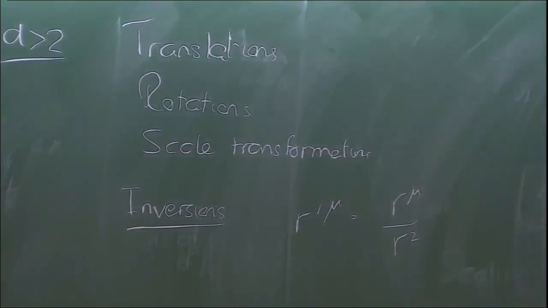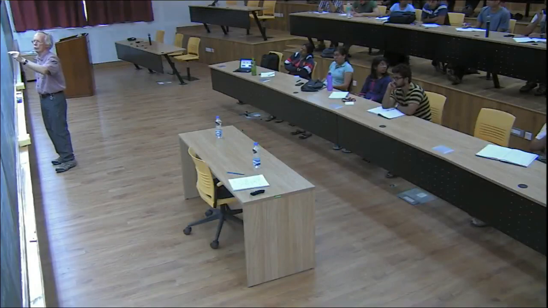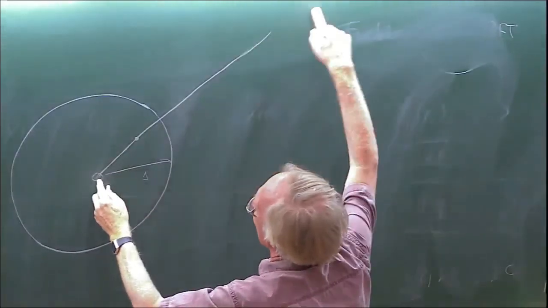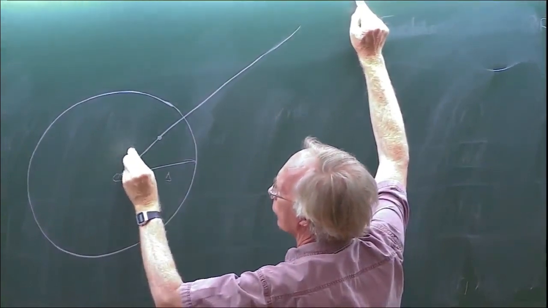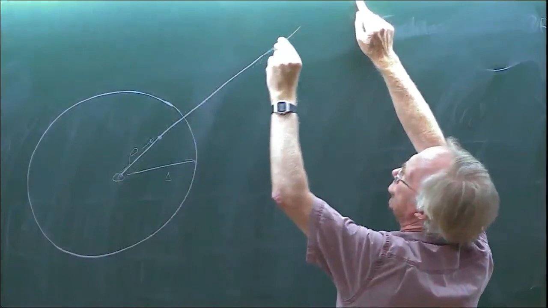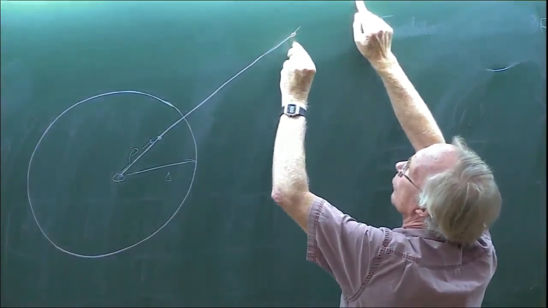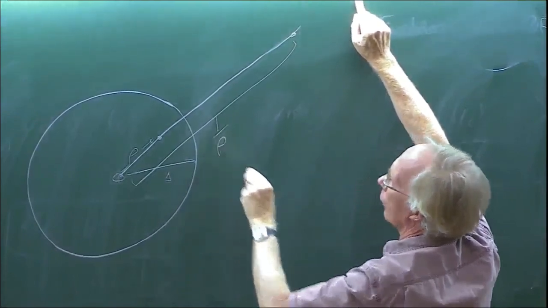And this basically maps, so when I have a point here which is on some radius going away from the origin, and this distance is rho, it maps it to a point out here where this distance is 1 over rho.